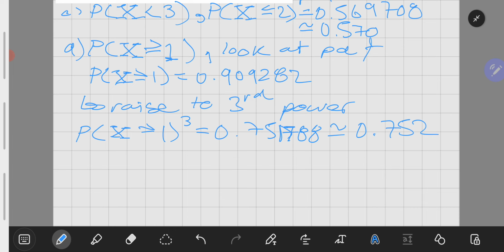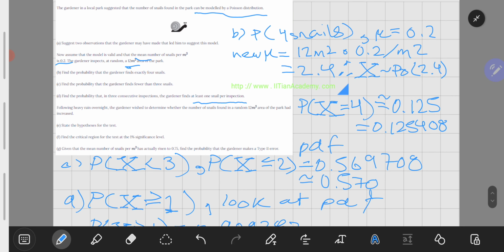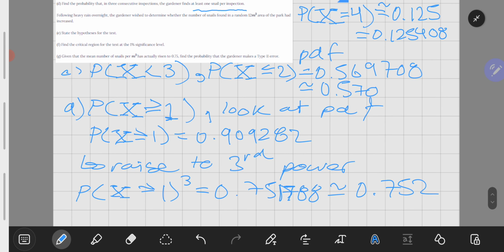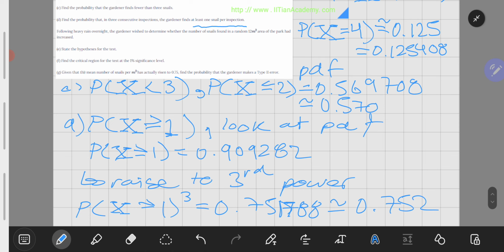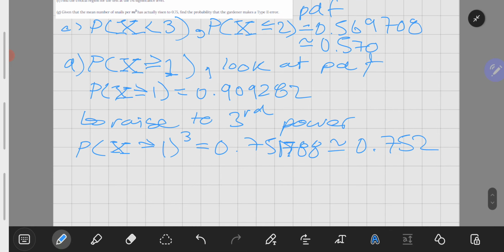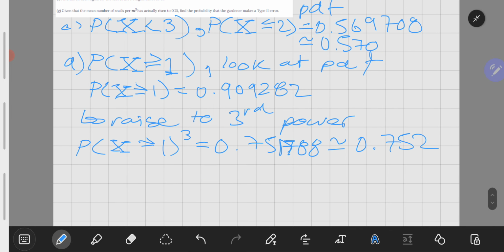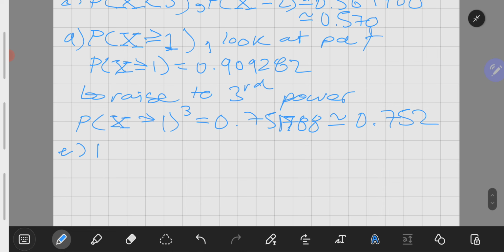Now for our final test, we are asked to state the hypothesis for our test, and then find the critical region at 1% significance level for question F. And then for question G, we were asked, given the mean number of snails has actually risen. That's kind of different. So for question E, we're asked to state our hypotheses.